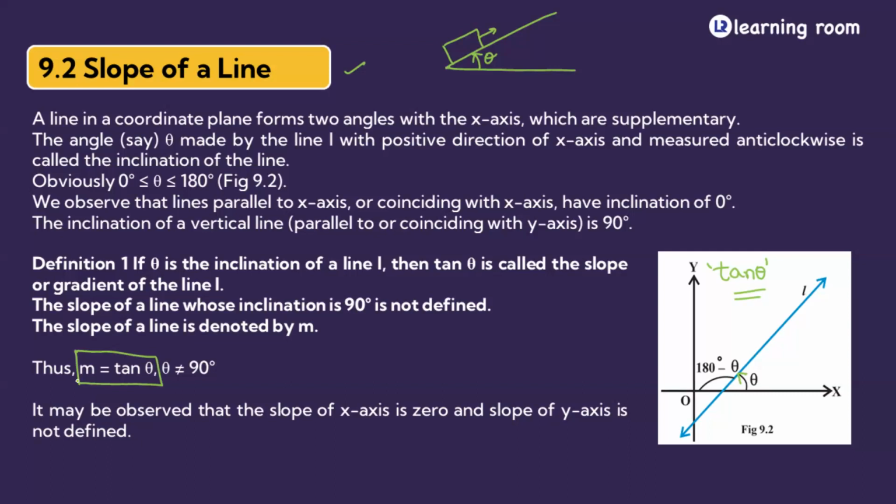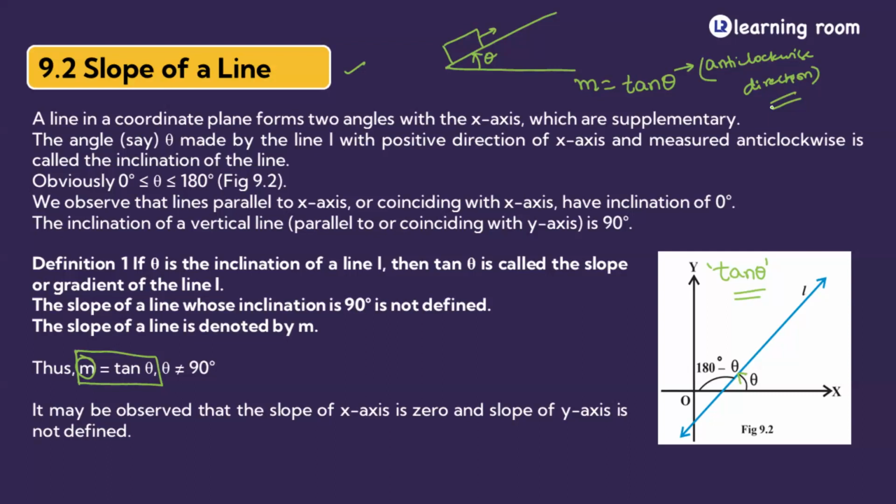That value is what is called as slope of that particular line, and the slope of the line is represented with the symbol small m. So this is the symbol we are going to use throughout this chapter. So what is slope? Can you tell me again? M is equal to tan theta. How should this theta be measured? Theta should be measured in the anti-clockwise direction. So theta is measured in the anti-clockwise direction. Am I clear with this? Right? So that is called as slope.